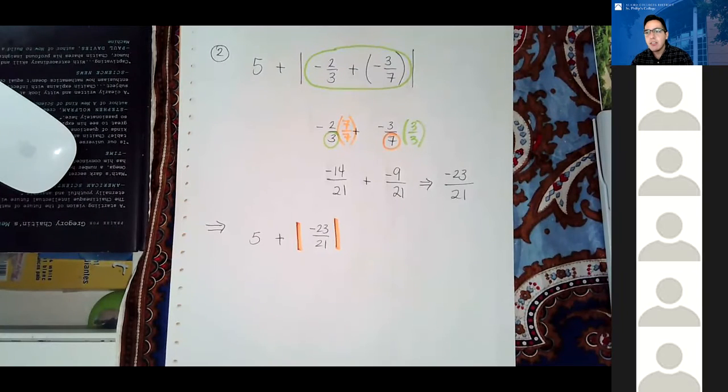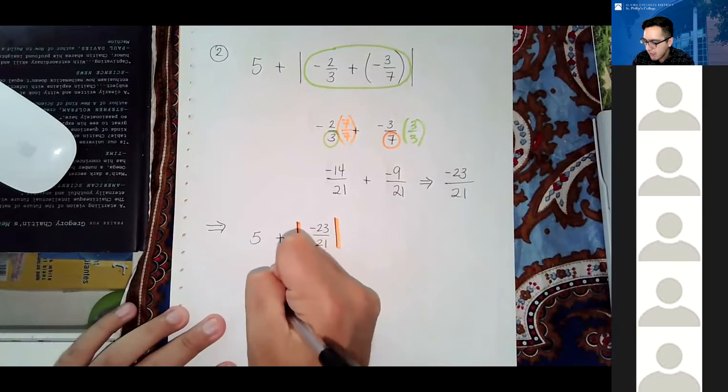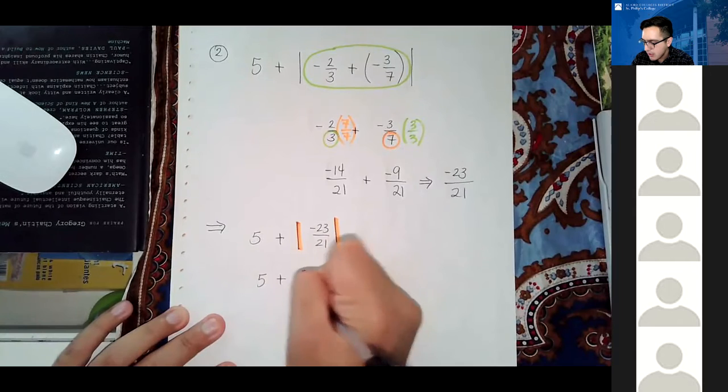And if we take out our tape measure and measure the distance to this number, whatever it is, it will be 23 over 21 units from 0. So the absolute value is just gonna spit out the positive version of this fraction. So we should just have 5 plus 23 over 21.